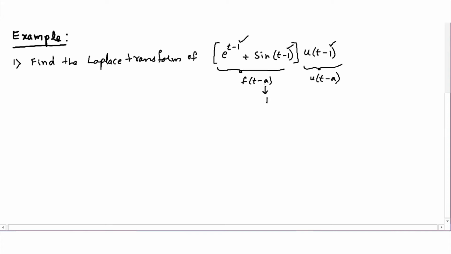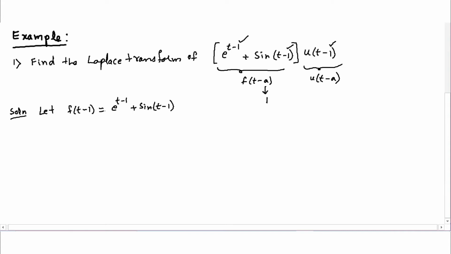So instead of writing f of t minus a, I can take this entire function to be equal to f of t minus 1. So let me take the value of f of t minus 1 to be equal to e power of t minus 1 plus sine of t minus 1.